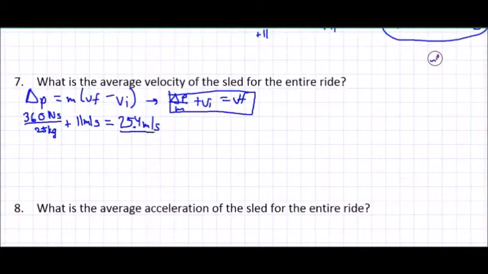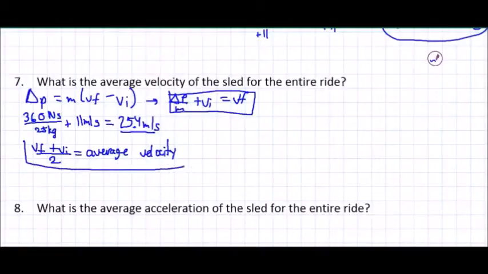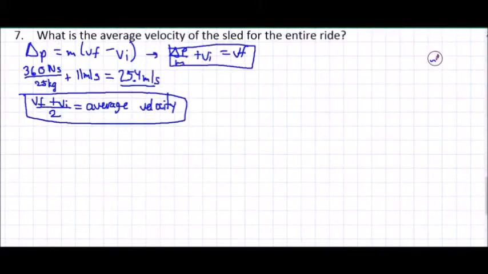Now, this is the final velocity. To find the average velocity, we need to do final velocity plus initial velocity divided by 2 to give us the average velocity. Okay? So this is the other equation that I will continue to use. This was for the first segment.